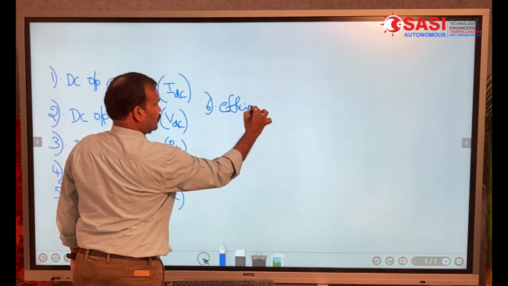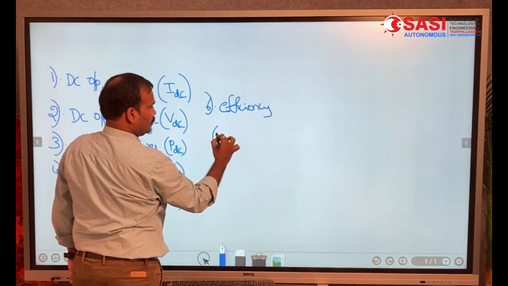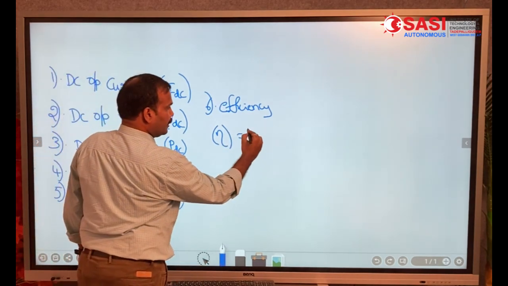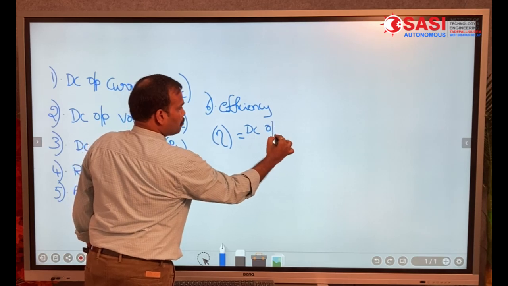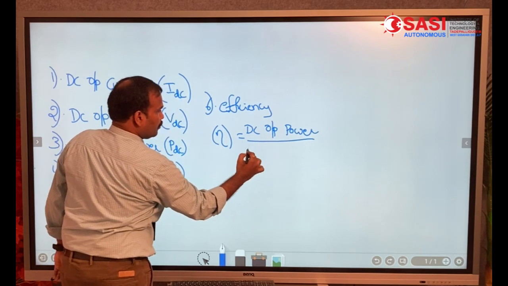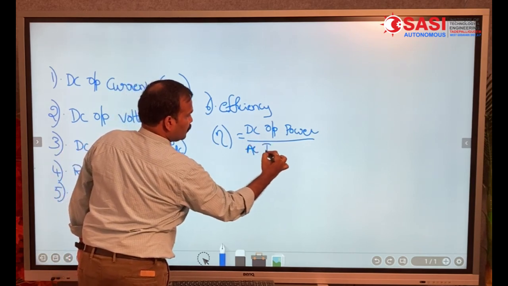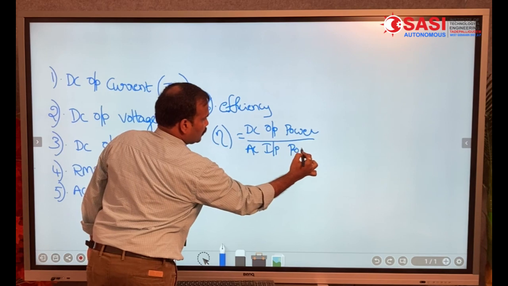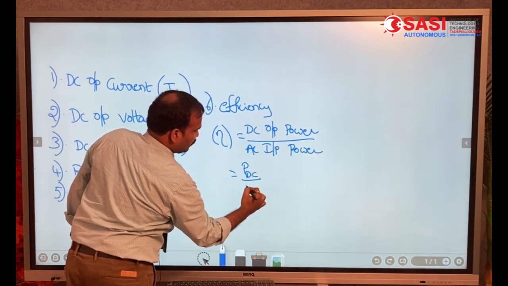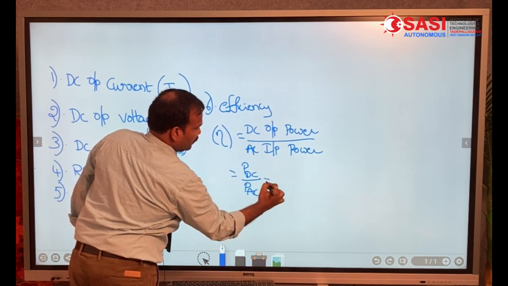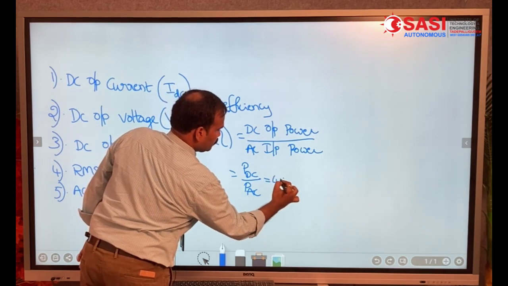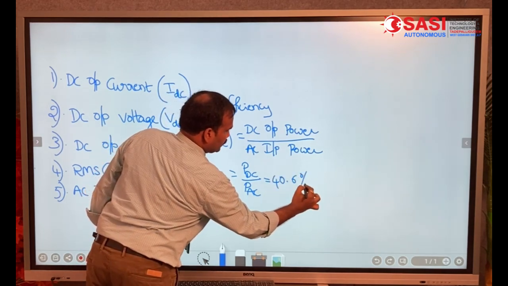Efficiency, eta, is equal to the ratio between DC output power and AC input power, means PDC by PAC, which is equal to 40.6%.